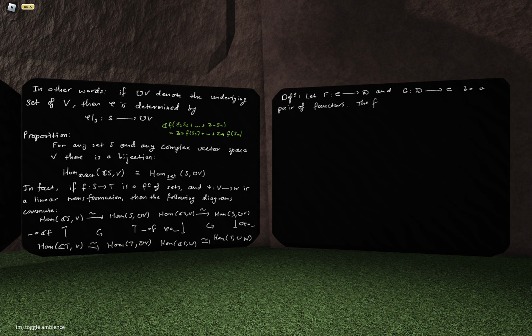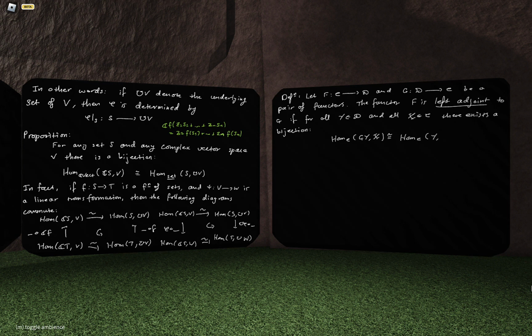Then the functor F is left adjoint to G if for all y in D and all x in C, there exists a bijection between these Hom sets which is natural in both x and y.